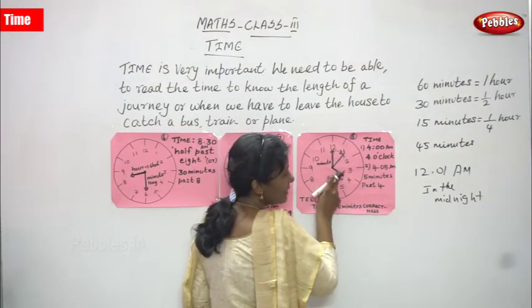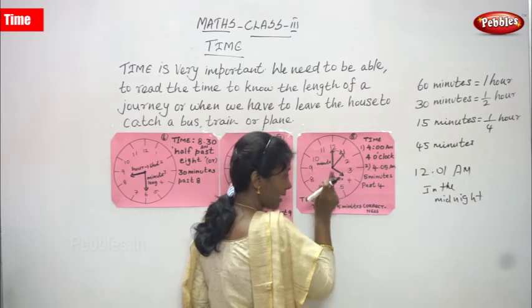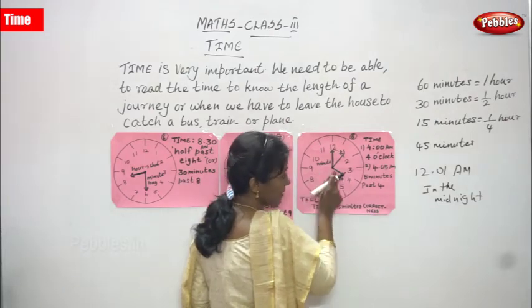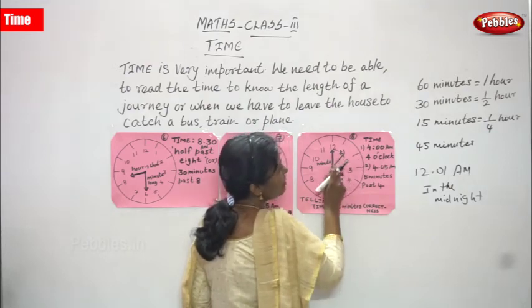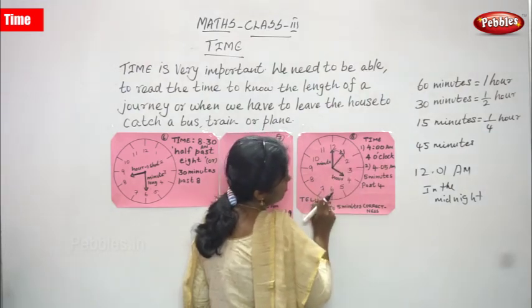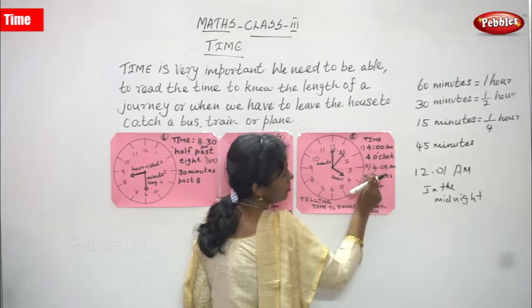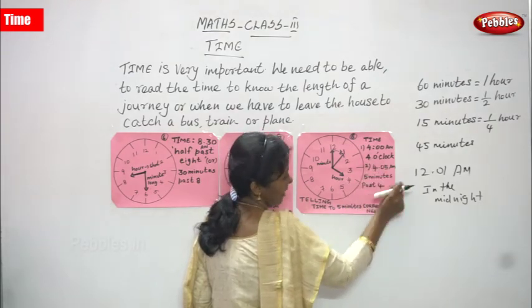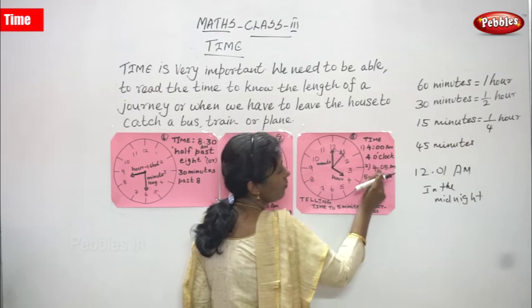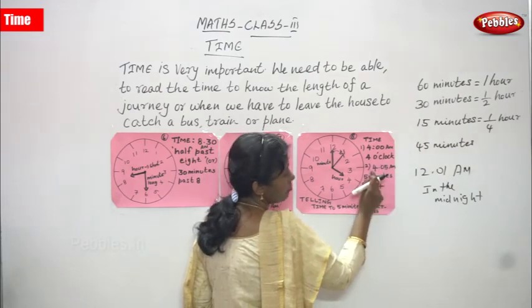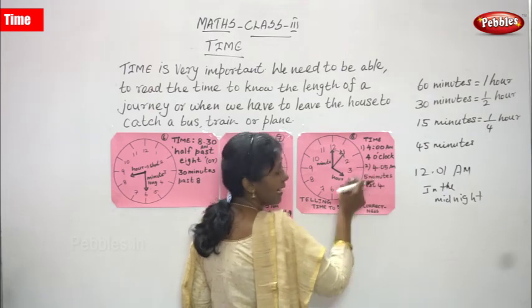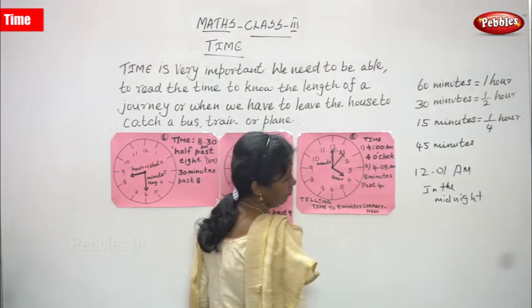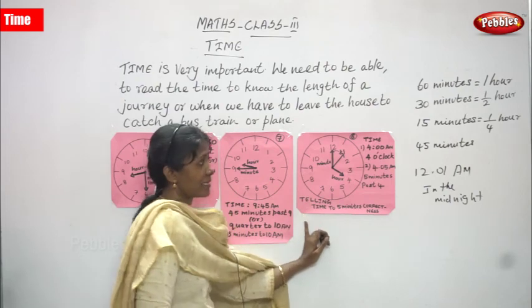The hour hand shows only the 4 and is not moving; only the minute hand is moving. Now the time is 4:05, 4.05 a.m. While you say it, it is 4 hours 5 minutes, otherwise we can say 5 minutes past 4. I think you understand the sum very clearly.